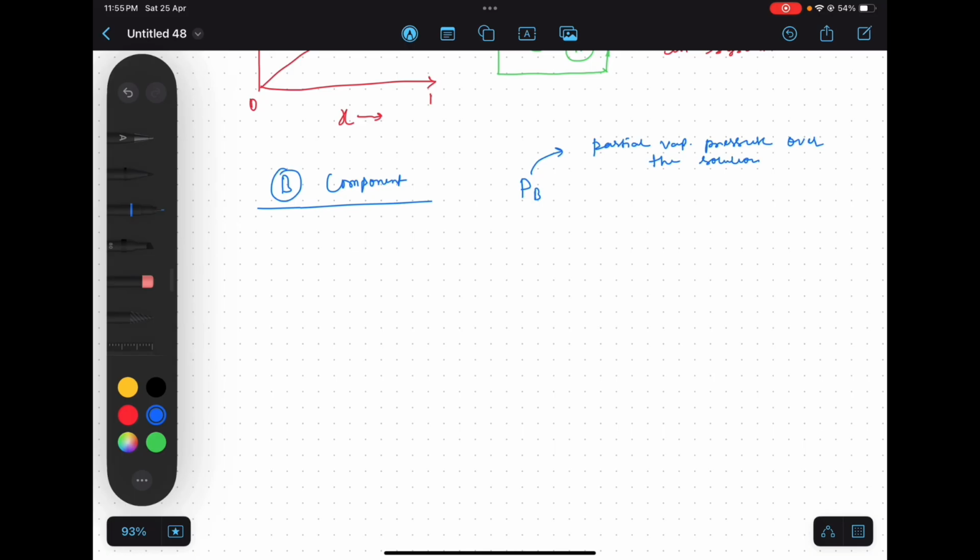This pressure will be directly proportional to the mole fraction of B in solution.